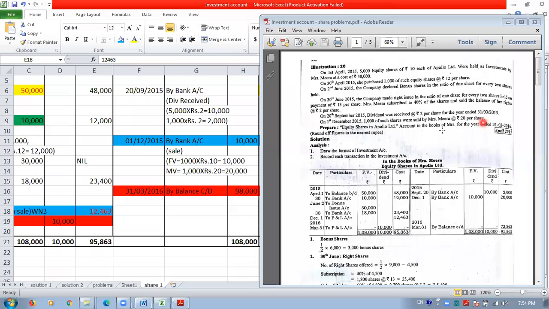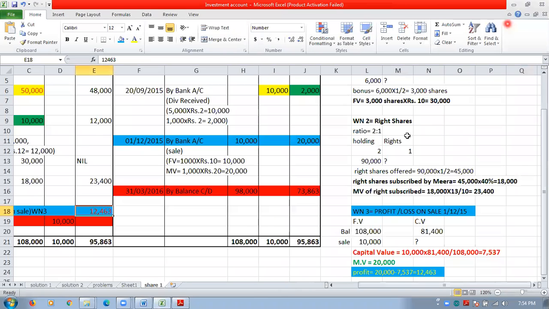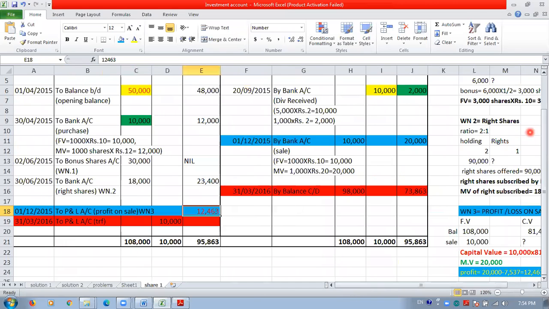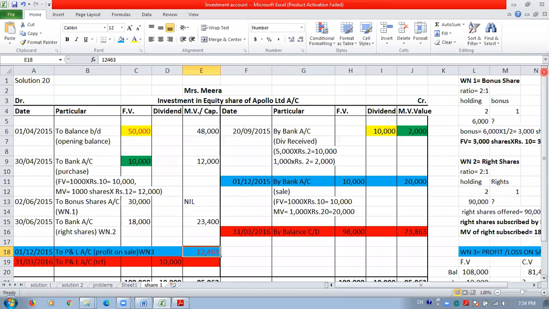All entries are transferred. So what is left is only closing the investment account. So simply close this Meera's account.